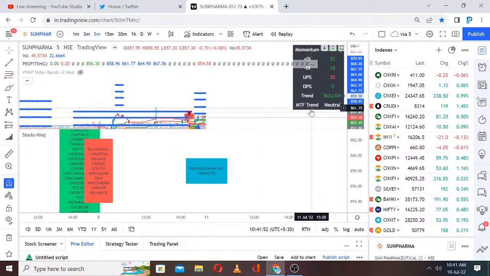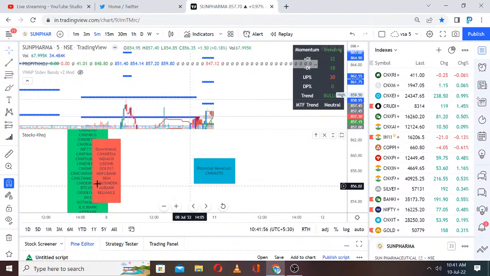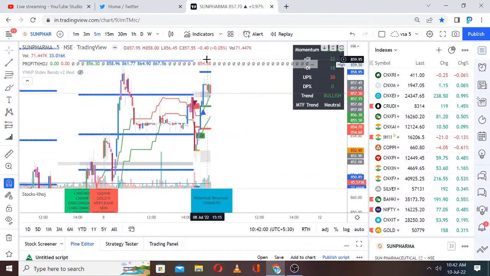Okay, buy or sell anything. You can see here at 2:30 the sell signal was generated and it gave the trend change.